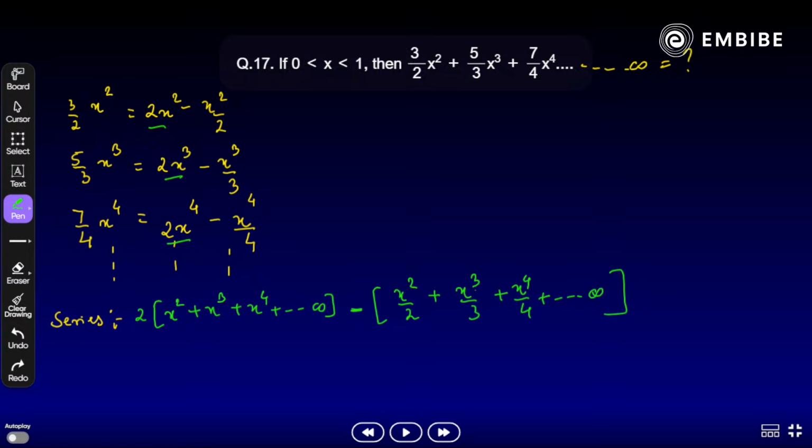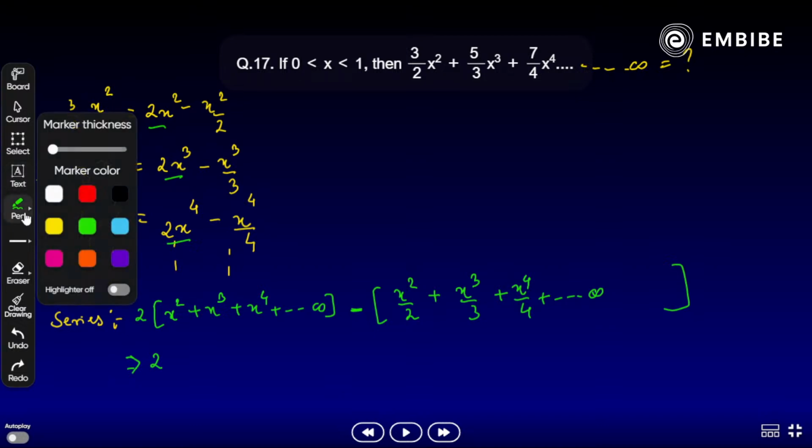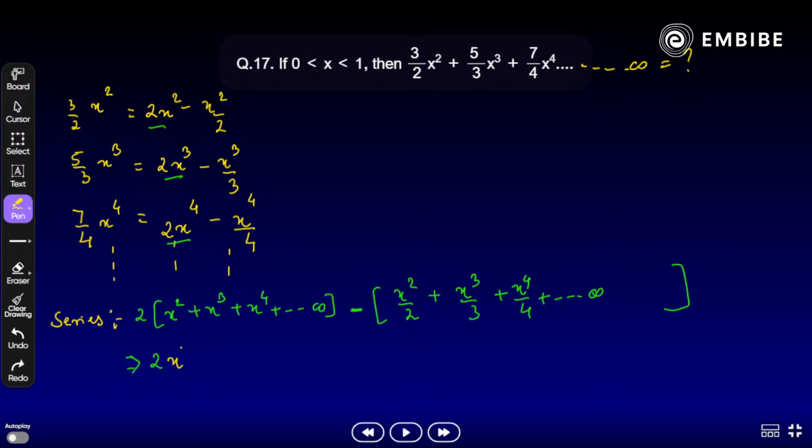Focus on the next step. What should I write now? Write down 2 as it is. Take something common: we have x square plus x cube plus x raised to power 4 here. Okay, Arya. All right. Quickly, just take x square common.